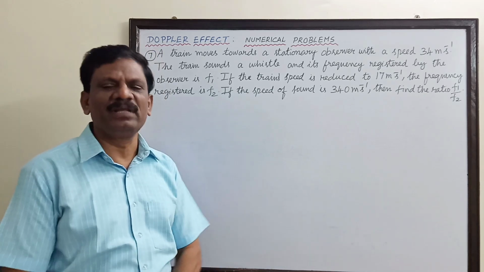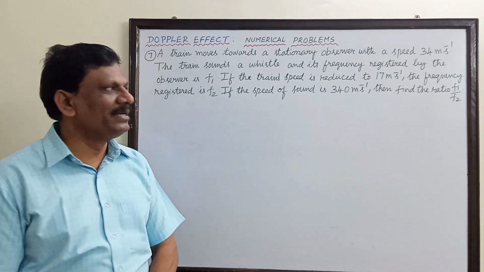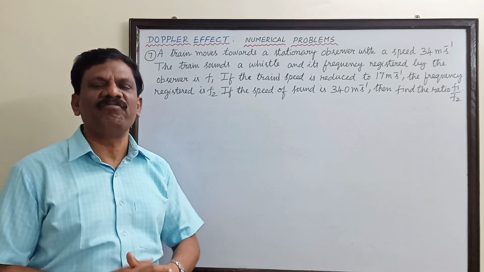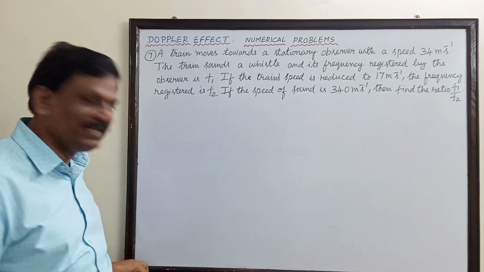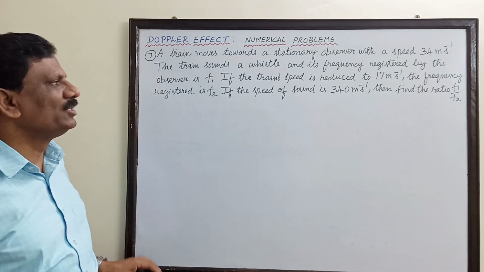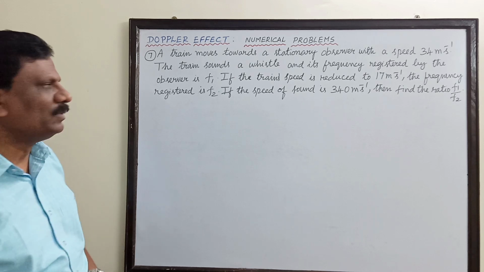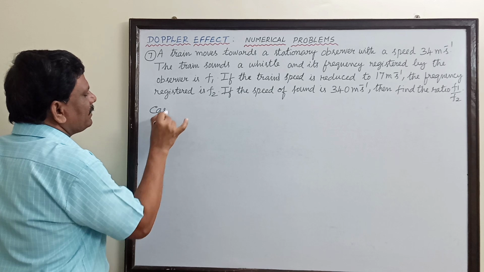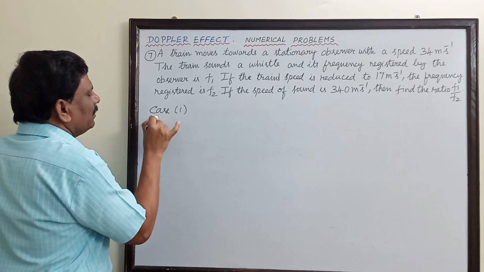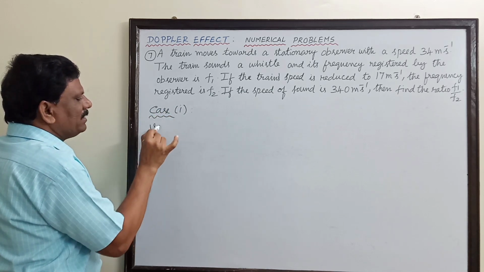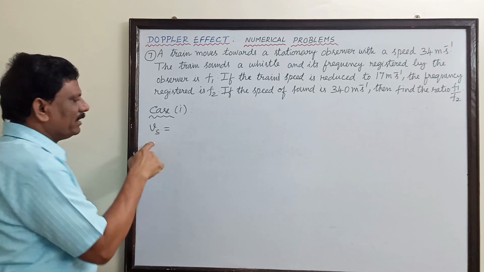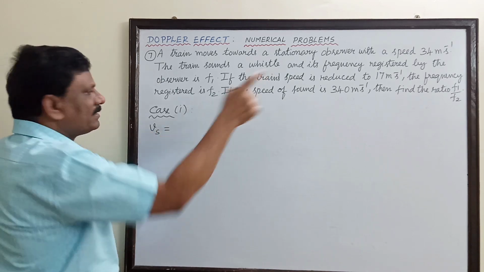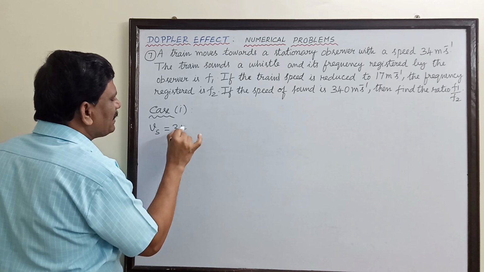Very interesting numerical problem. It is repeatedly asked in different forms in different years of the competitive exams. So let us try to solve this problem now. In the first case, case 1, the velocity of the source, that is the whistling train, is given as 34 meters per second.